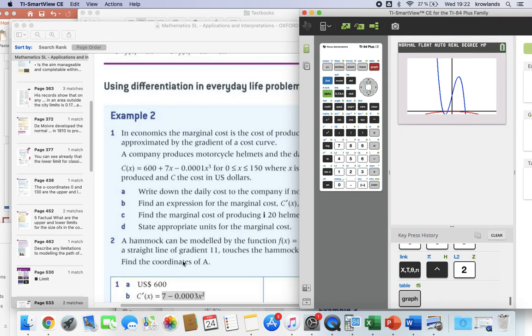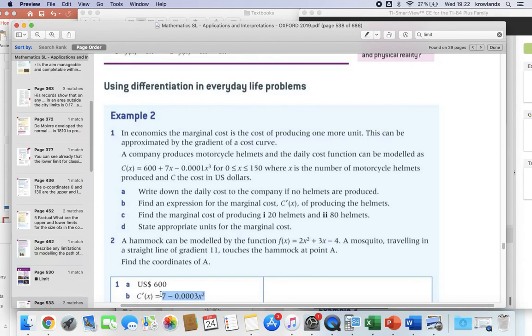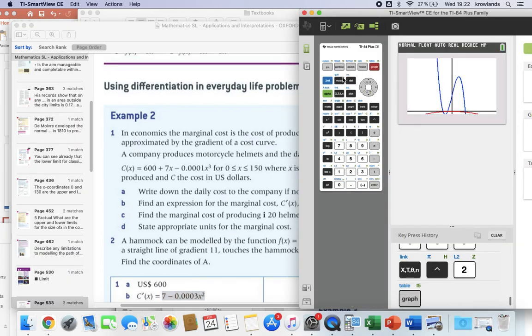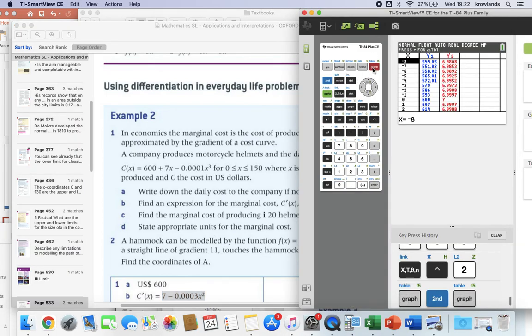So using the second equation, we want to find the marginal cost of 20 and 80 helmets. So let's go to our table. We need to look at the second graph. 20 helmets is going to be represented when x is 20.